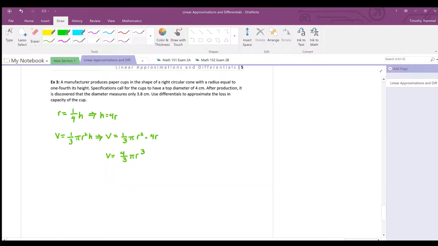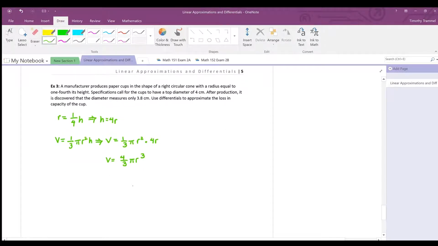Now that we have our volume formula, let's see how we're going to relate this to differentials. If you just think about that differentials formula, it was df is equal to f prime of x delta x, or dx. And for us, it's going to look like dV is equal to V prime of r dr, or delta r.